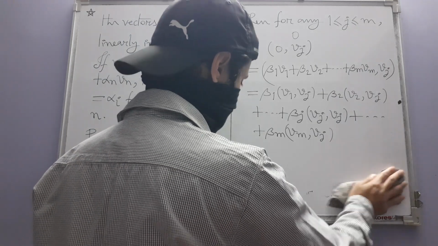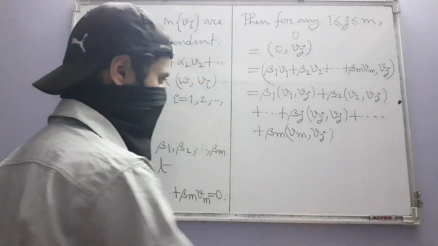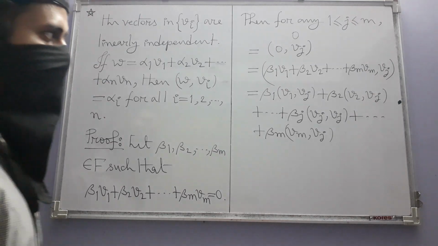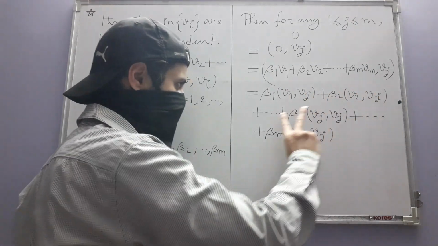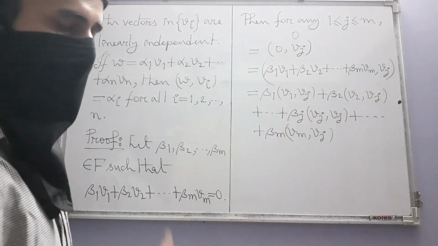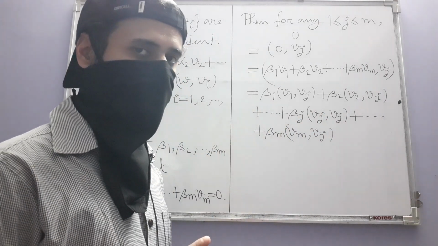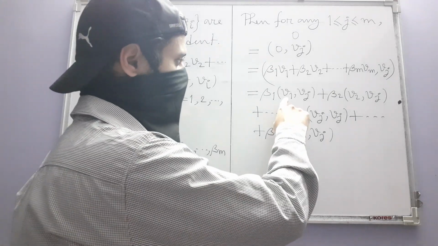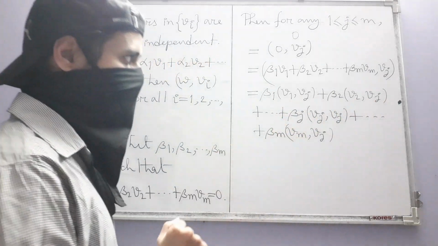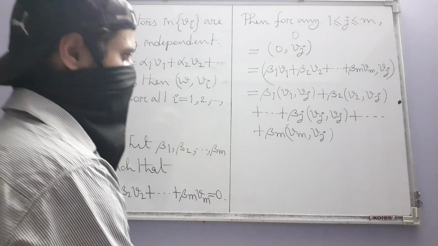Now we use the fact that these Vi's are all coming from an orthonormal set. So among all these inner products that you see in this combination, precisely this is 1 due to normality, and the other inner products are 0 due to orthogonality.